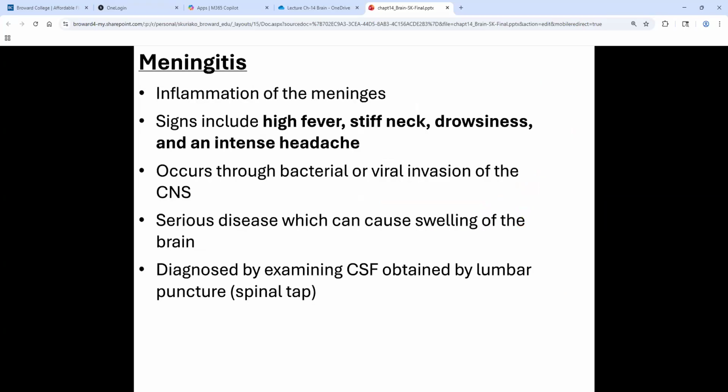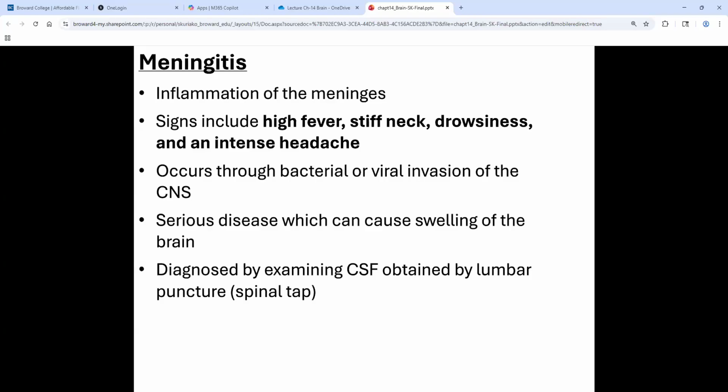Now, meningitis. We talked about meningitis, right? I told you the symptoms. If you find somebody who has got severe headache, vomiting, high fever, then just go to the emergency room, because there's a possibility that it could be meningitis.